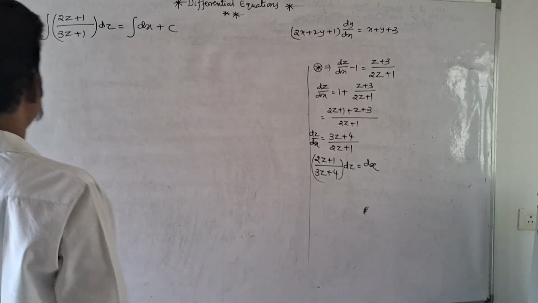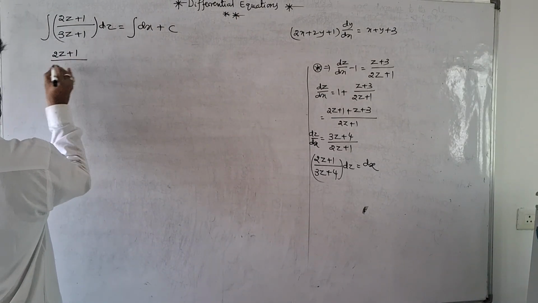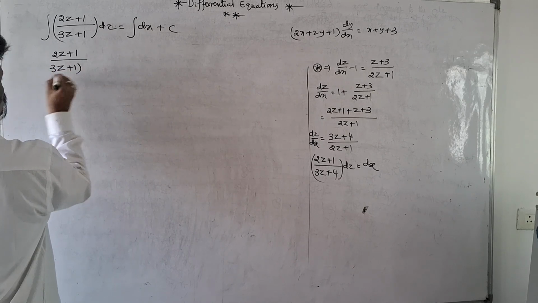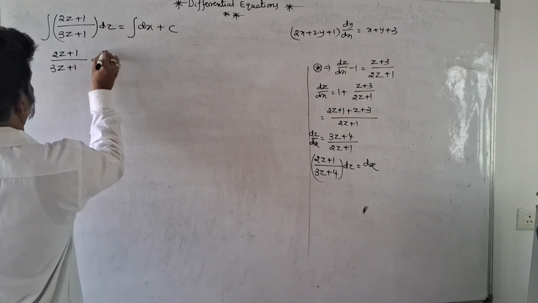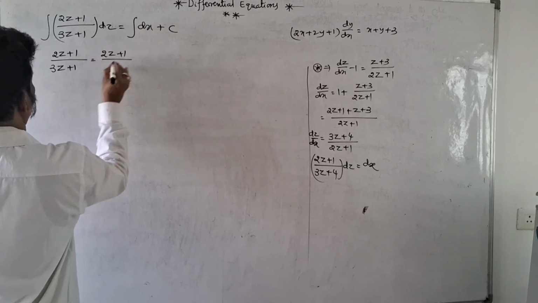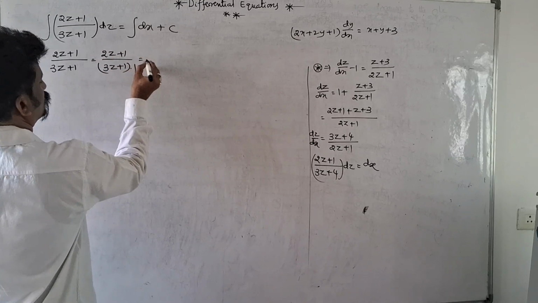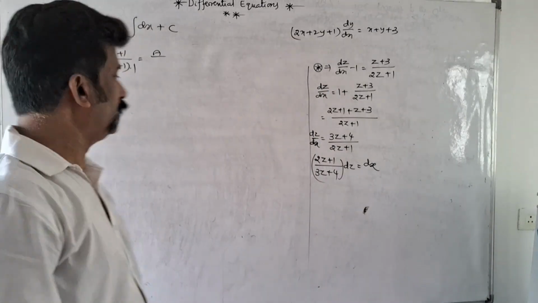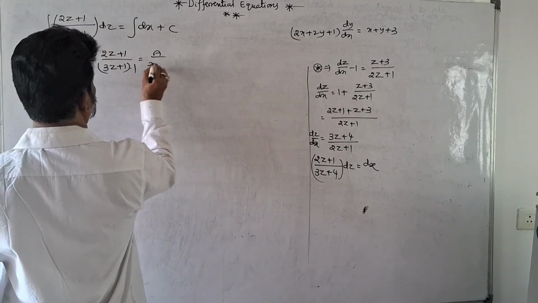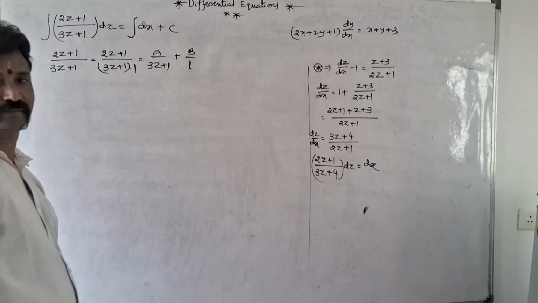Okay, right. So look at this. Now (2z + 1)/(3z + 1) is equal to (2z + 1)/(3z + 1) into 1. So this is equal to, split into partial fractions, A/(3z + 1) plus B/1.